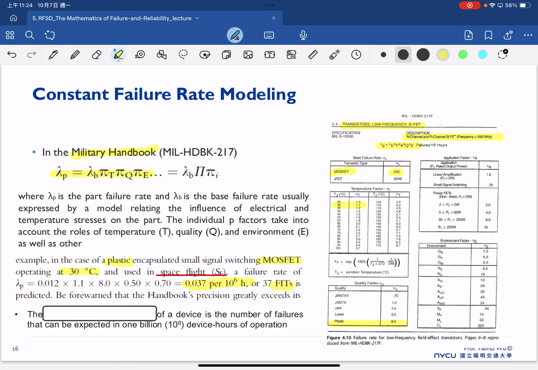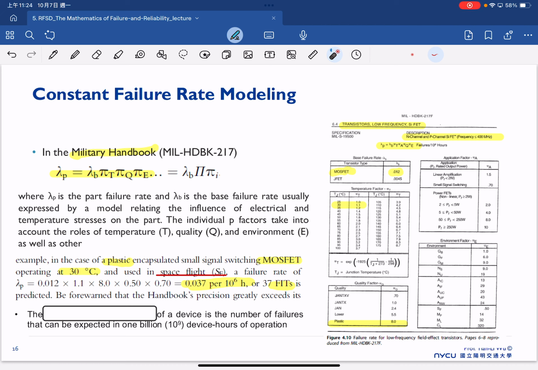Therefore, with all this information, they can start to estimate the total failure rate considering all these specific conditions. In the end, it comes out to 0.037 per 10 to the 6 hours. That's what we call the FIT here.